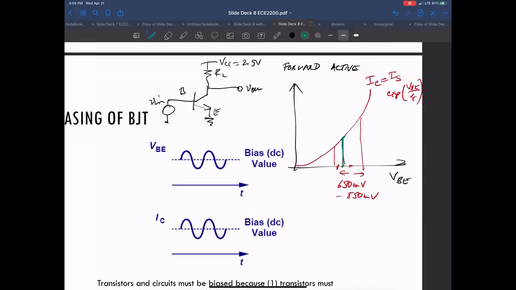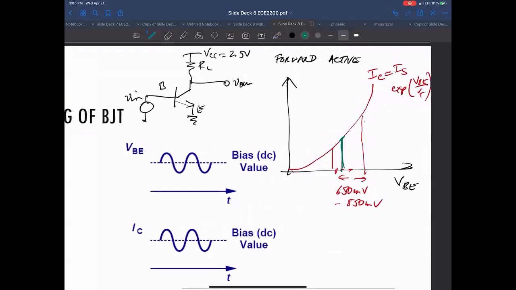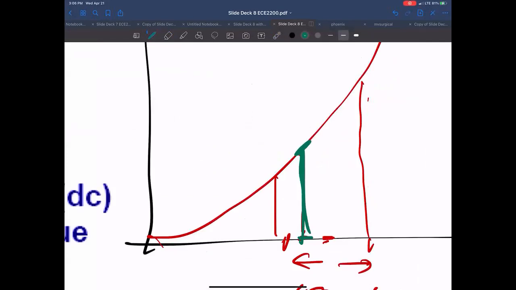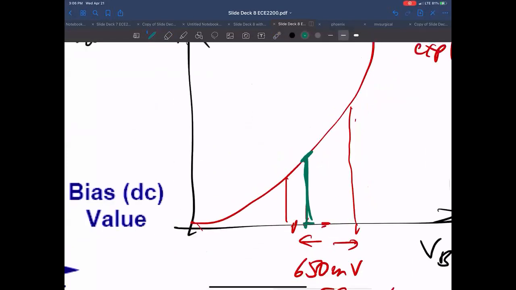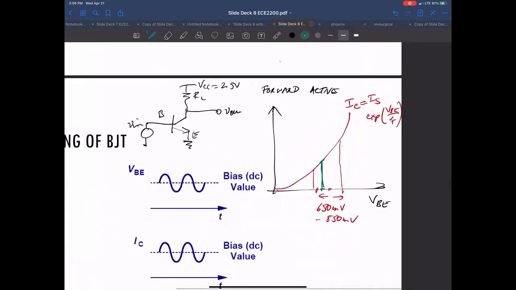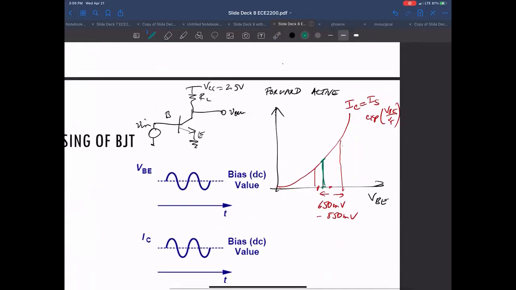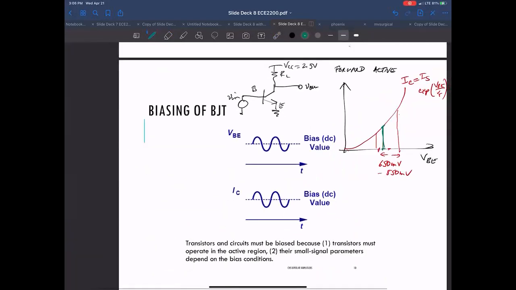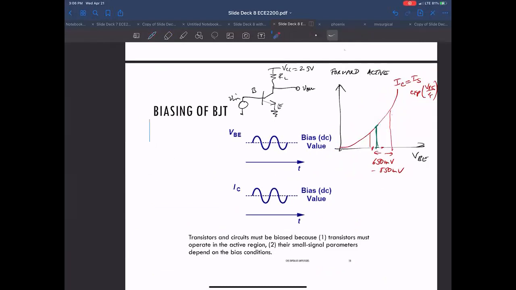With just a small bit of modulation here, we can approximate this exponential curve as a linear curve and get a linear response from the amplifier. So the upshot is we need to bias this amplifier somehow so that it's in this sweet spot of operation.